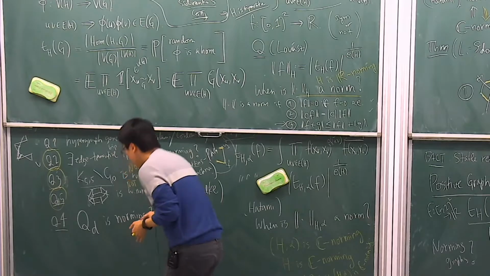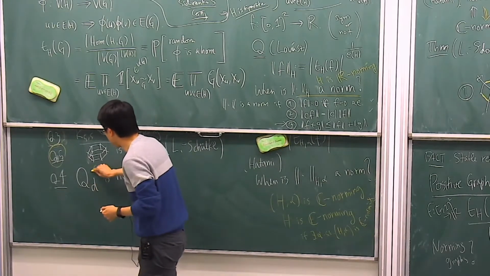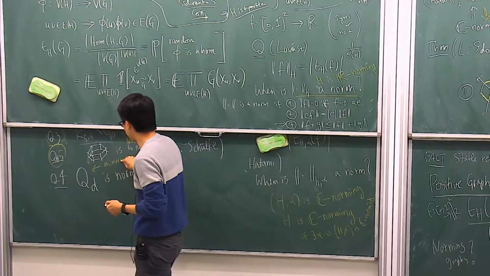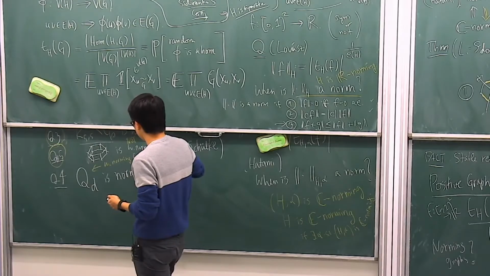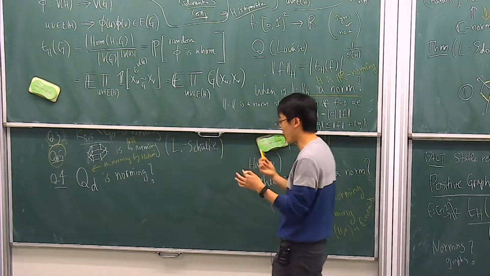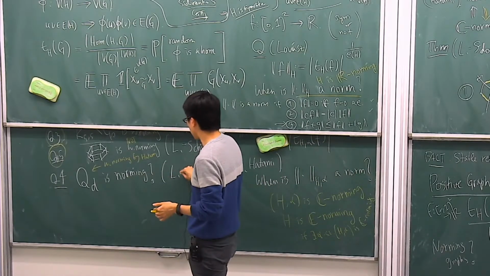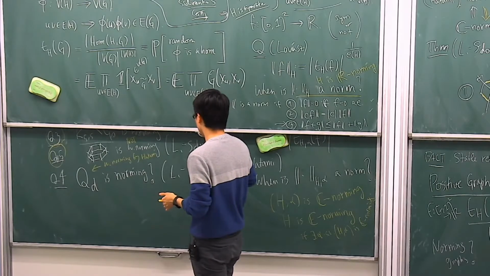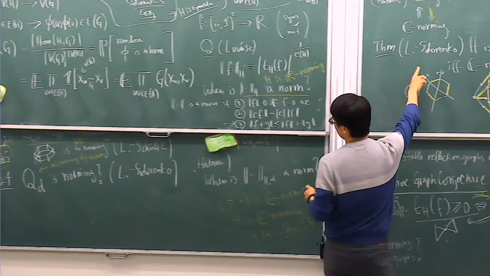It's weakly norming by the theorem of Hatami. This is one of the main results in his pioneering work, and we answer this question by an application of this result.